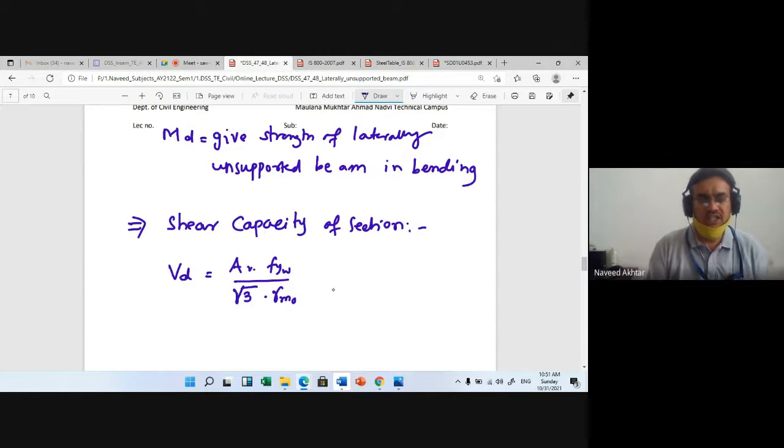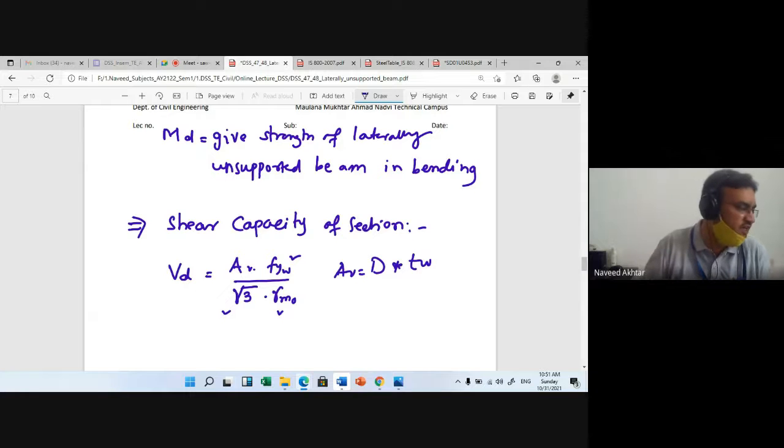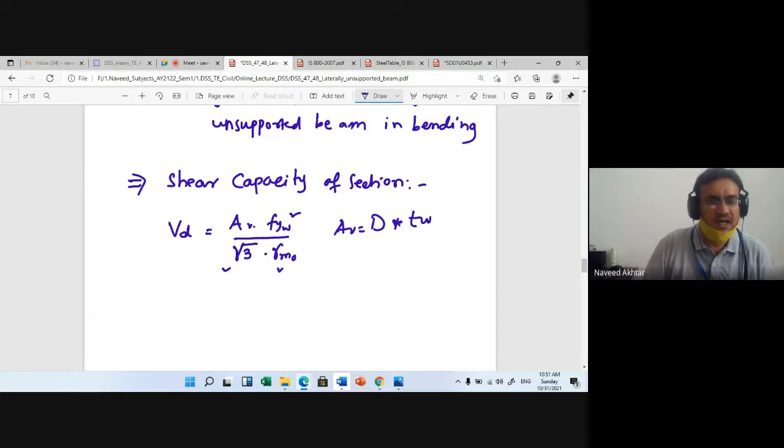We know the section, FYW, all these values, and AV is the depth of section into TW, thickness of web. You can put all these values, find out the VD, and compare: this VD should be greater than VU.